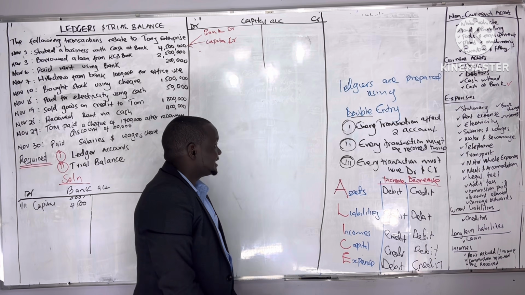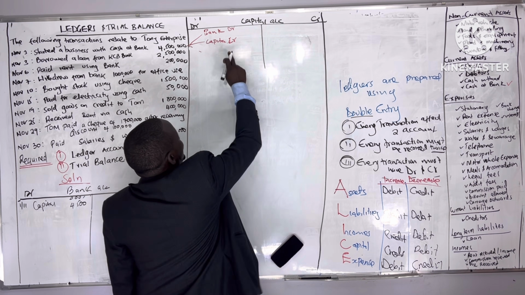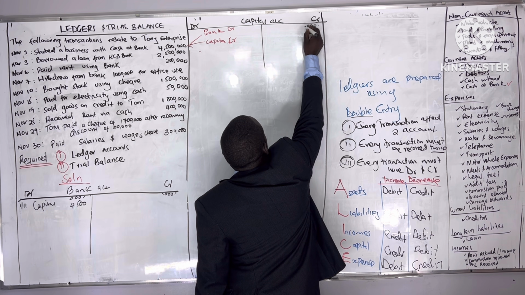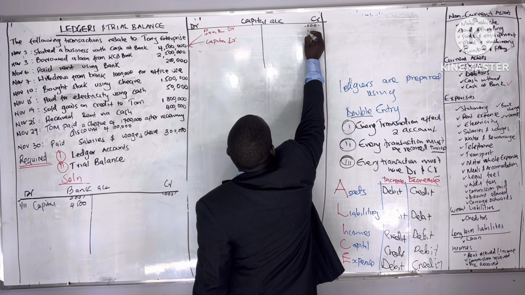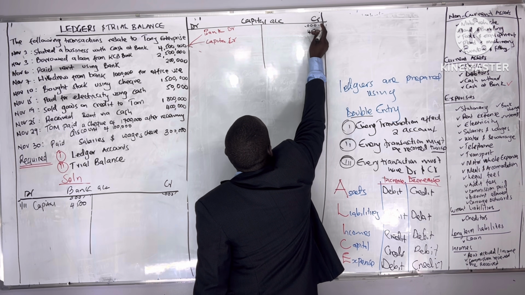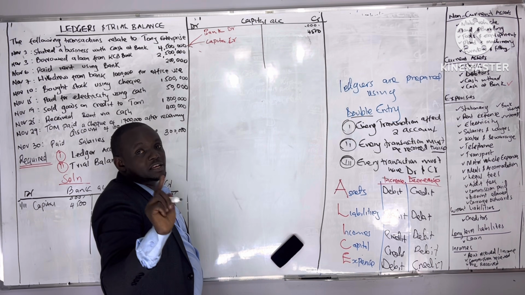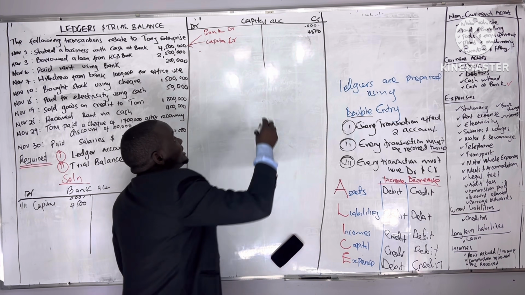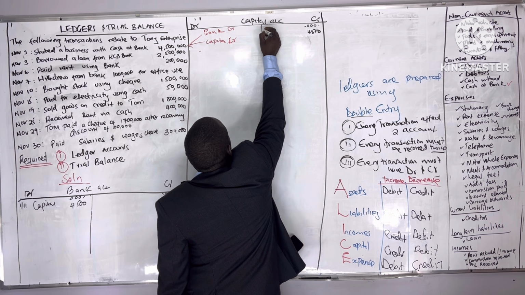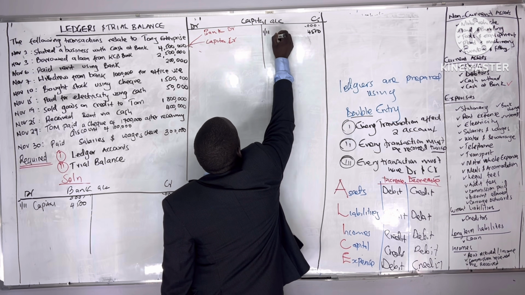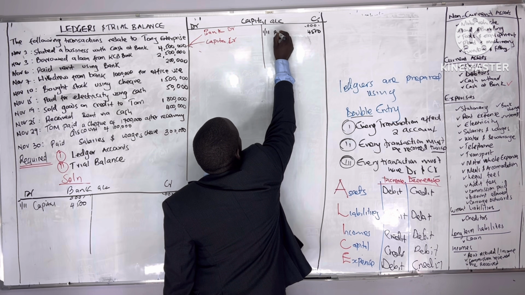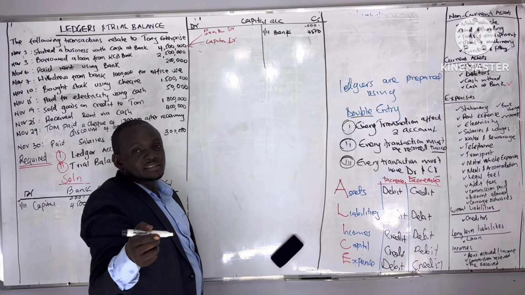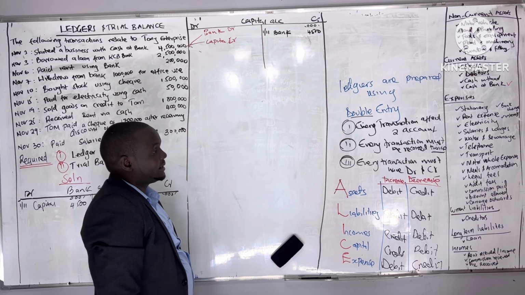I go to capital, where I'm supposed to credit. Again, my figures are in thousands. I put the figure 4,500 on the credit side, with 1st of November, and the narration that this capital was injected in the business using bank.